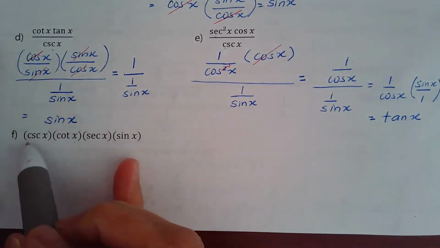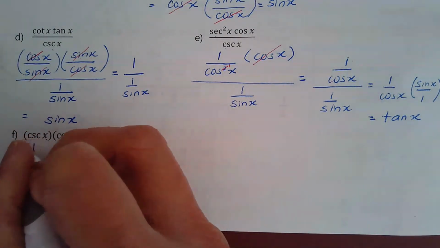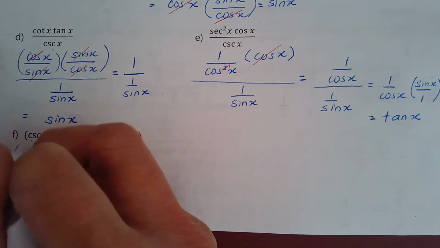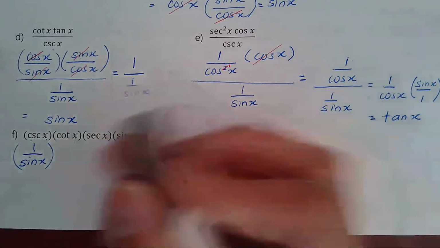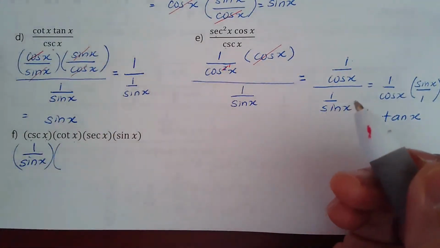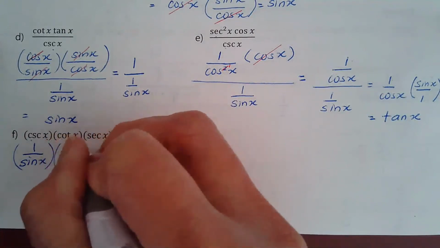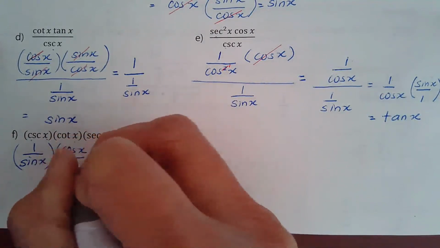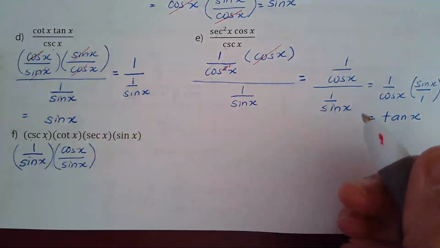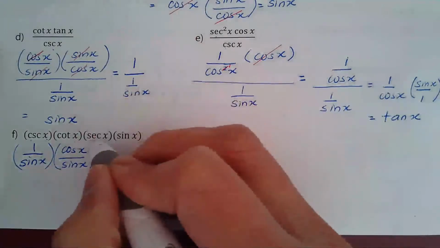Let's see here. Cosecant of x is the same thing as the reciprocal, 1 over sine of x. Okay, that's the first one. What about cotangent of x? Cotangent of x, we can write as cos of x divided by the sine of x, times secant of x.